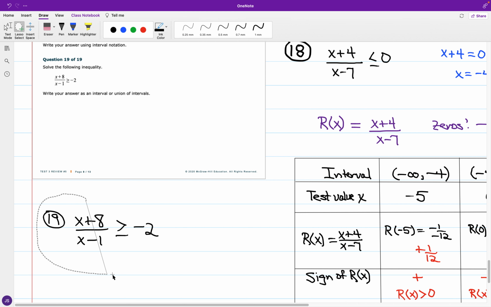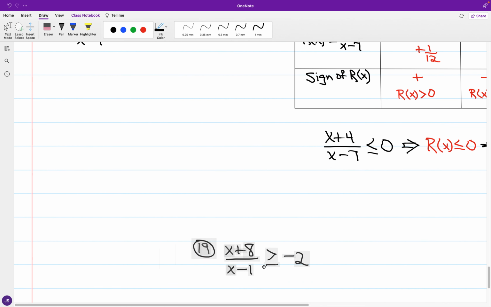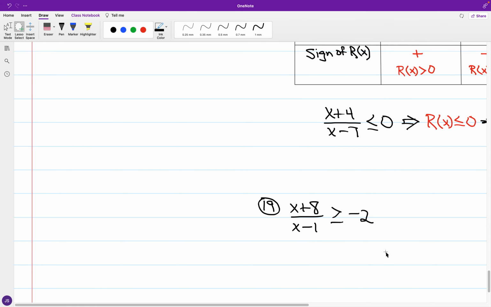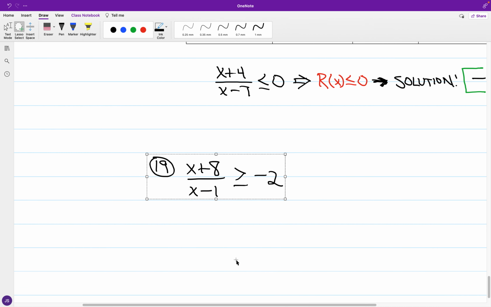Okay, so in the case of number 19, you have a comparison inequality. If I rewrite this in terms of a comparison to 0 inequality, what I can do here is add 2.